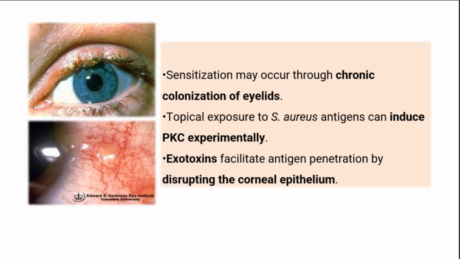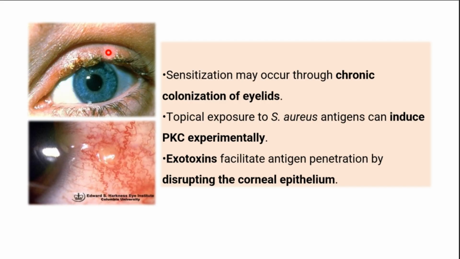Now in patients with tuberculosis, the sensitization basically occurred because of the bacteremia from an early infection in the lungs. However, here in Staphylococcus associated Phlyctenular Keratoconjunctivitis, the sensitization will occur due to the chronic colonization of the eyelids. We know that Staph aureus basically likes to colonize the nasal mucosa and also the eyelids.